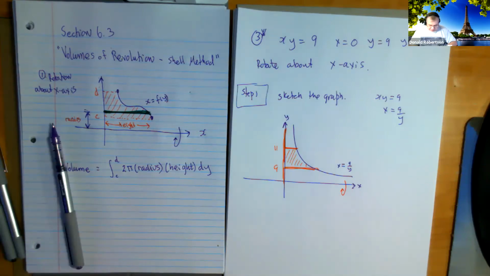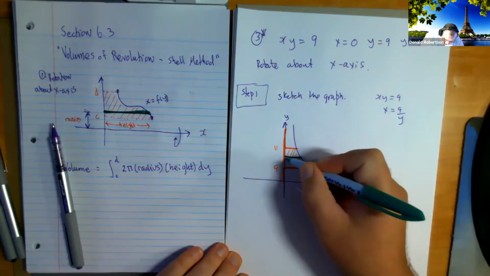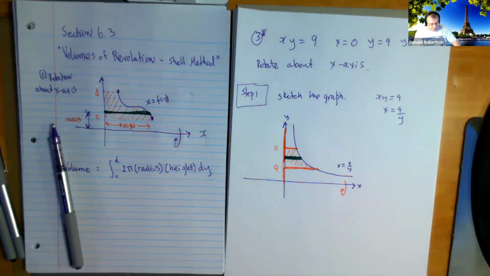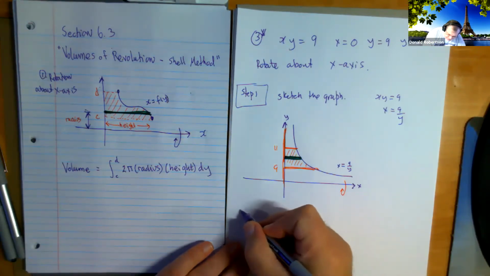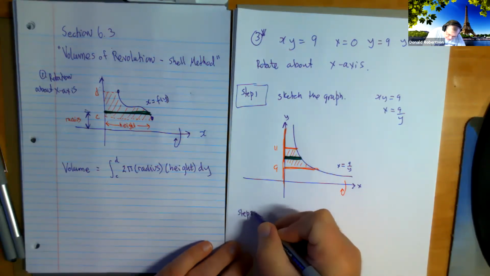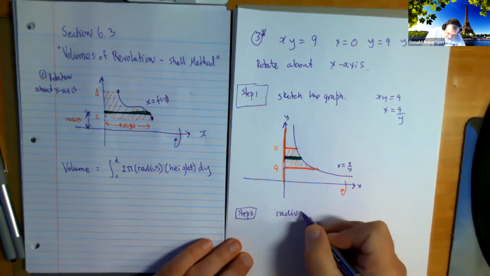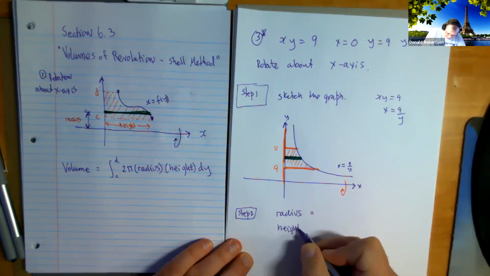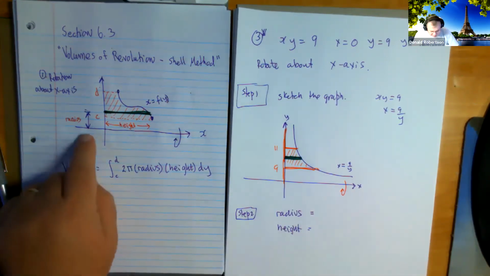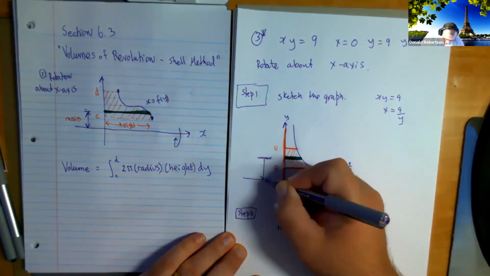So the next stage is pick a random rectangle and find out what the radius and height are. Now, the radius is the distance from here to here.